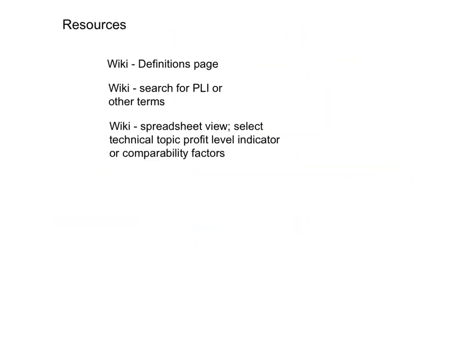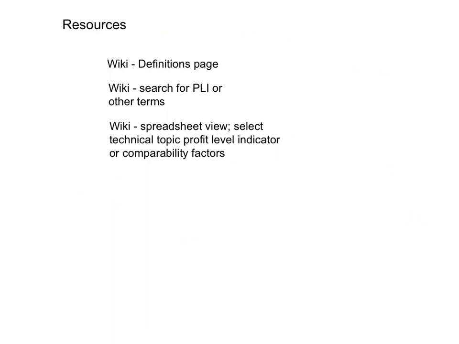Finally, it's important to know that you have other resources that you can turn to. The three resources which are listed below are all from the Wiki. The Wiki definitions page, where you can look for return on assets, where you can look for operating margin, and it will provide you with links to various source material on this. Wiki search, where you can search for PLI or other terms, and it will take you to the pages in the Wiki for this.